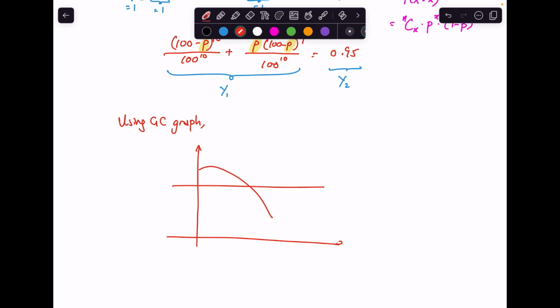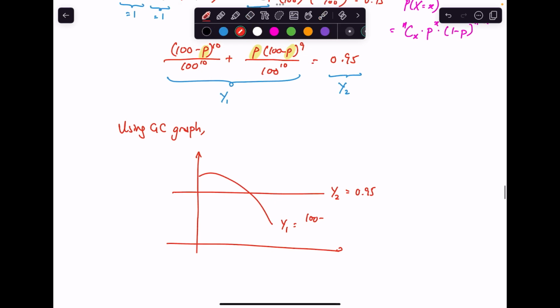So let's label these two graphs. This is y2. Y2 is 0.95. Now the other one is y1, and y1 is 100 minus, in this case in the GC, x. If you want to write p, you also can, but I prefer to write what I see on the GC.